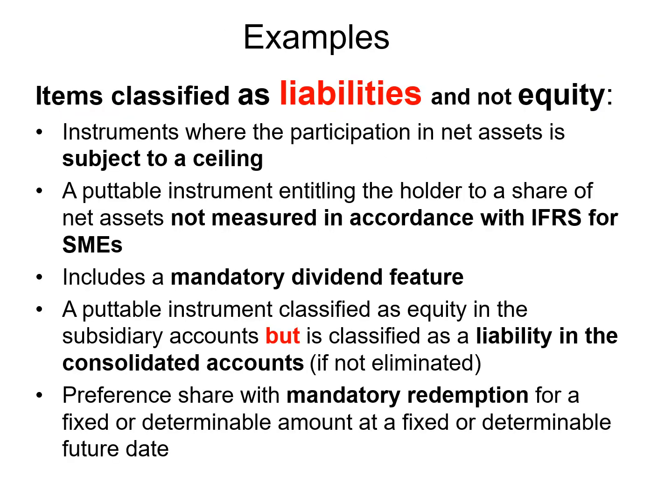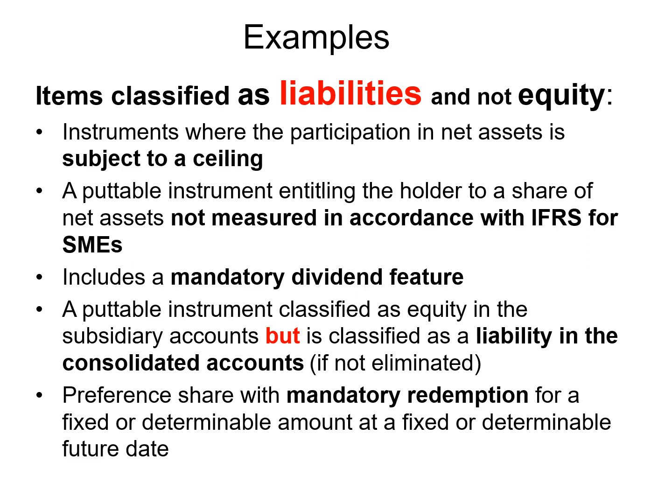The standard then goes on to talk about some items that are classified as liabilities and not equity instruments, despite the fact that they may have features that make them seem like equity instruments. Instruments where participation in the net assets is subject to a ceiling.